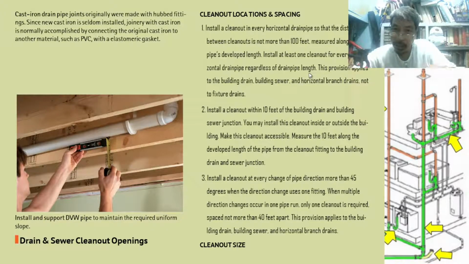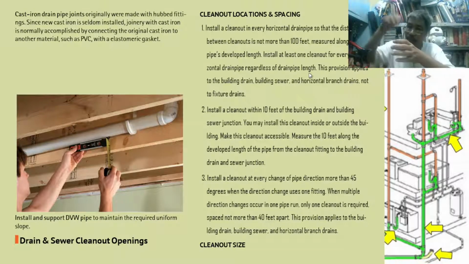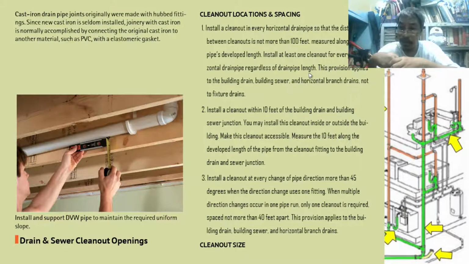So for every horizontal one, because the horizontal pipe are more susceptible to clogging because they may not be able to move the waste inside them. So while vertical, they are able to move the waste inside because of gravity. Okay? So that's the reason why. So every pipe dip, regardless of length.